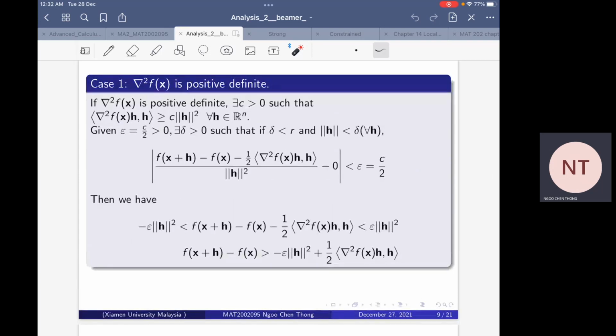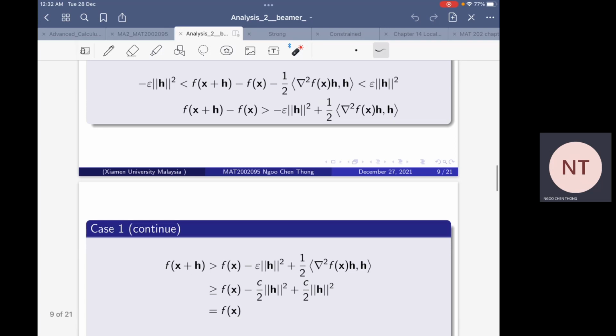We expand this absolute value, then we get this. Now we consider this part. We move everything to this side, then we have f(x+h) larger than this expression. Here we have this term.